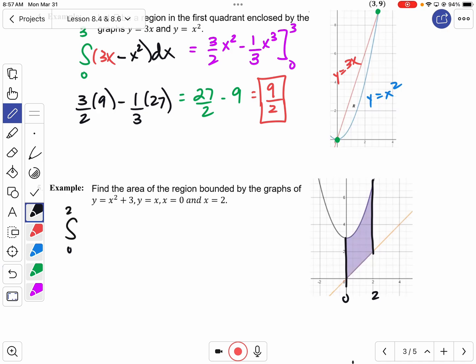So 0 to 2. Which function is on the top, or dominant? x squared plus 3 minus, and then the other function is x, and a dx. Finish that one off.